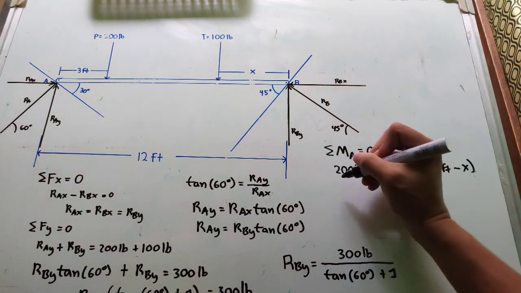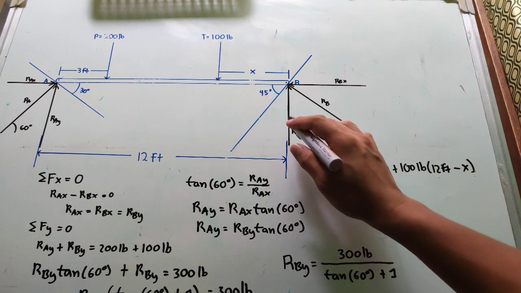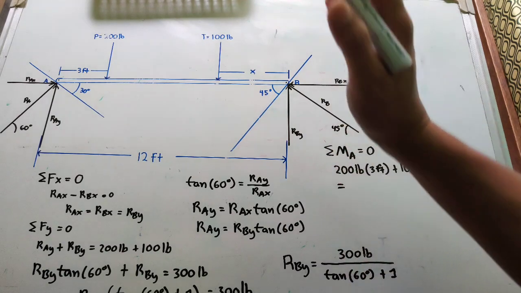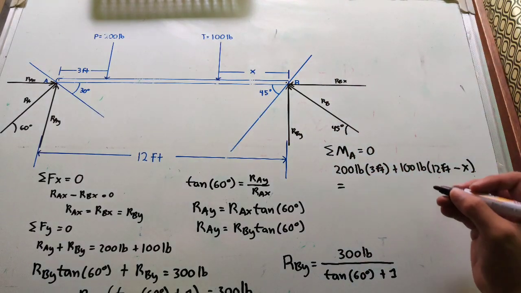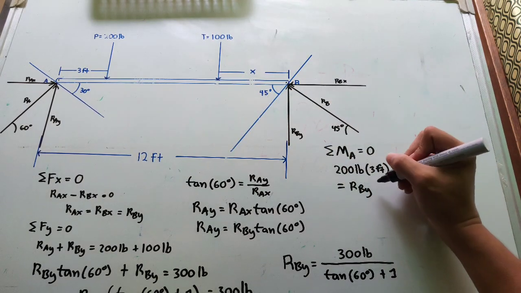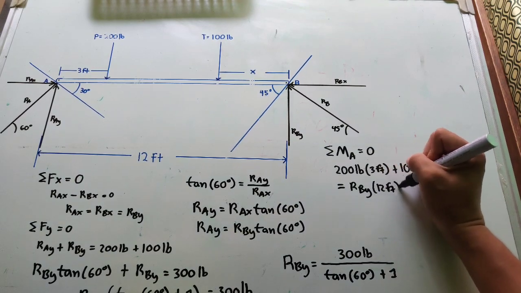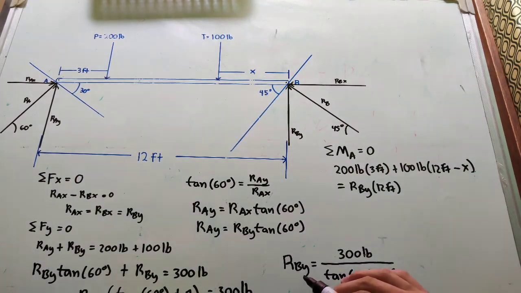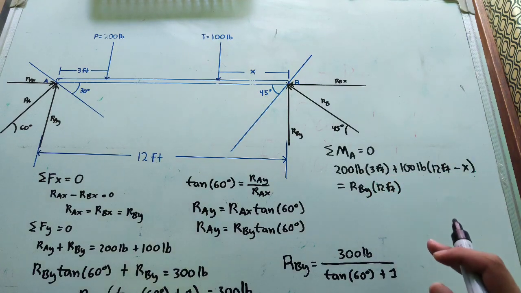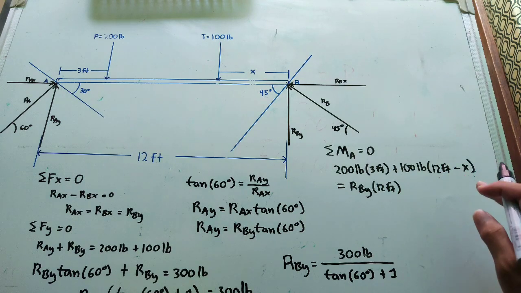Now I will just directly put this on the other side, RBY, because it is understood to be negative, because it produces a counterclockwise moment. So RBY times 12 feet. So now we have two equations, two unknowns, RBY and x. When we substitute RBY here, this will really simplify the equation because we can only have x left.